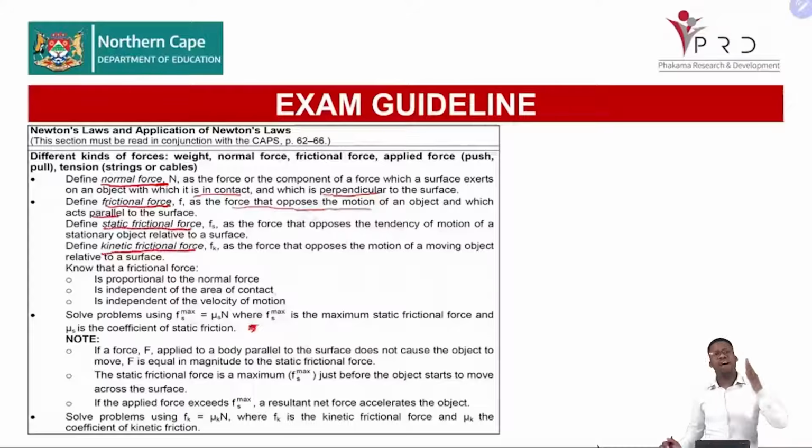You can never calculate kinetic friction without determining a normal force first. So get the normal force. Then you'll have to solve problems. It's either they say kinetic friction, or they say normal force, or they say coefficient. They can use any of the terms.